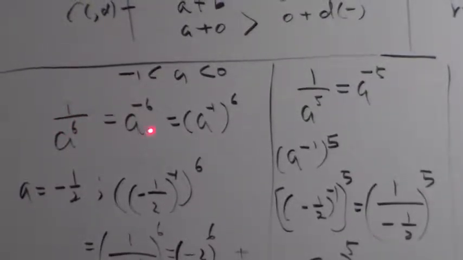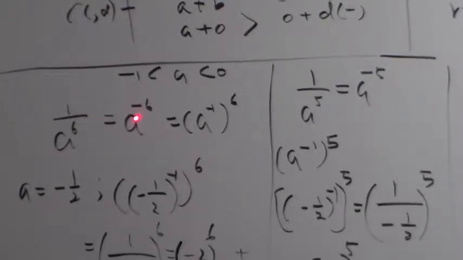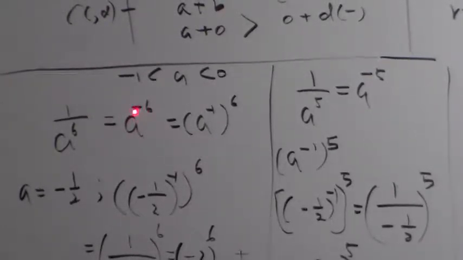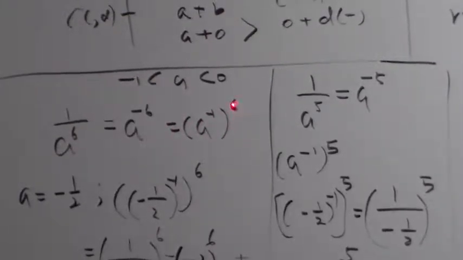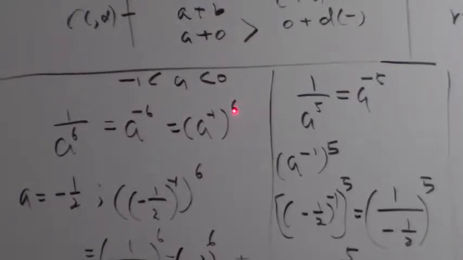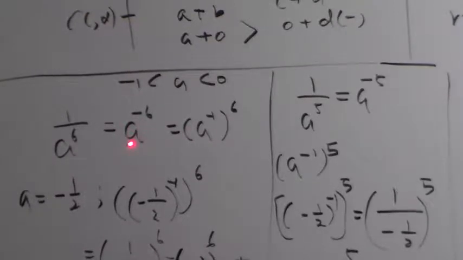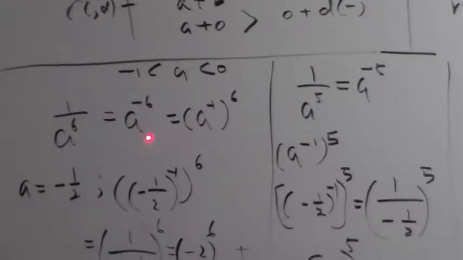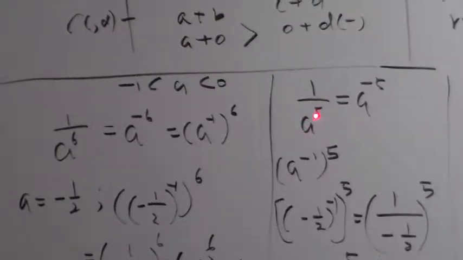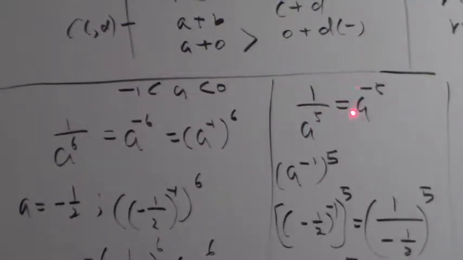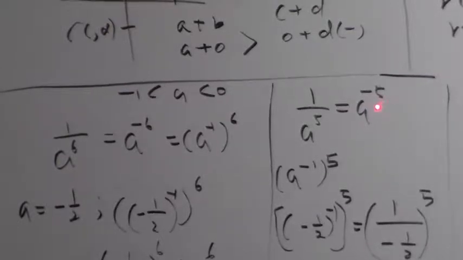Okay, this one is A to the minus 6, right? Also, the trick is we can change this to A to the minus 1, in parentheses, to the 6th power, because minus 1 times 6 is minus 6, so back to normal. And then how about this one? 1 over A to the 5th power, we're going to change it to exponential A to the minus 5.